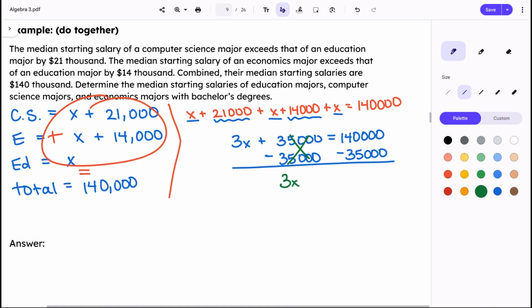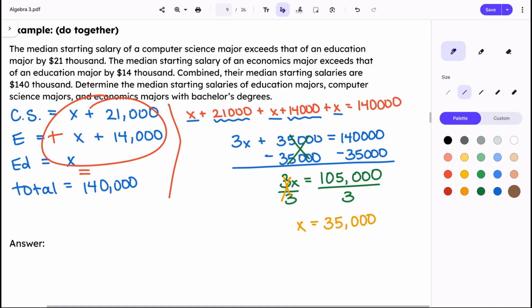So I have 3X equals, this would become 105,000. And then what do we do? Okay, so my X comes out to be 35,000.